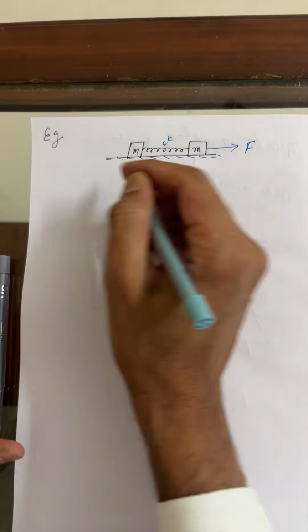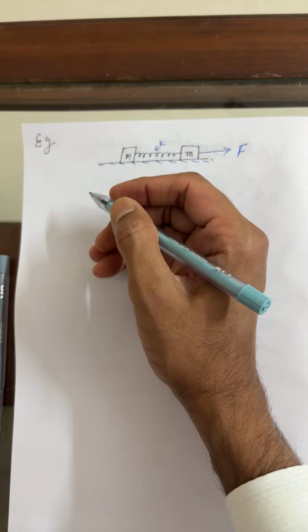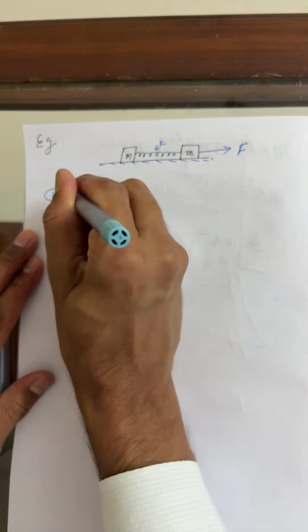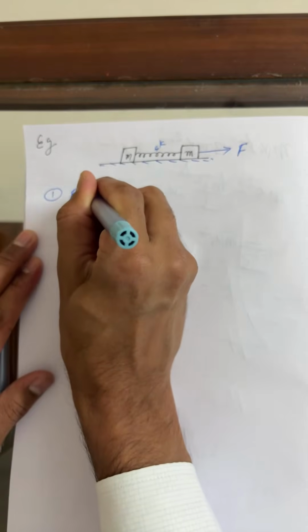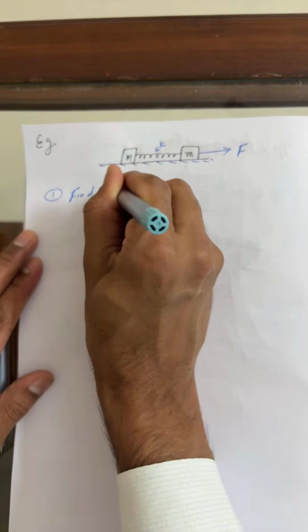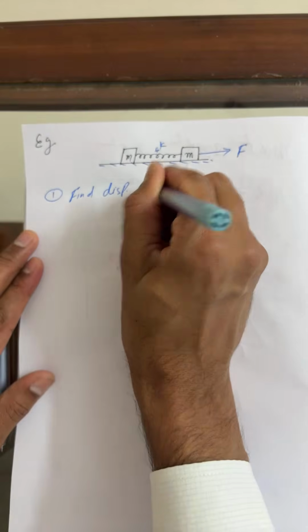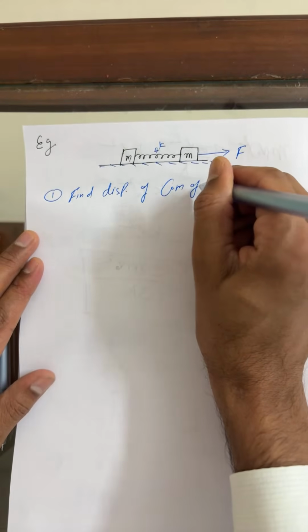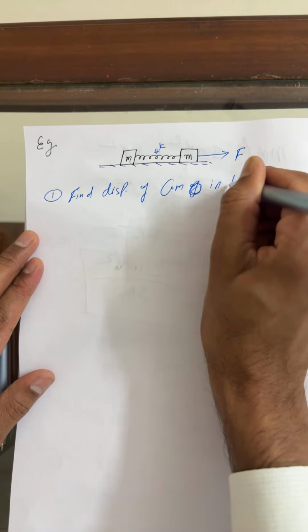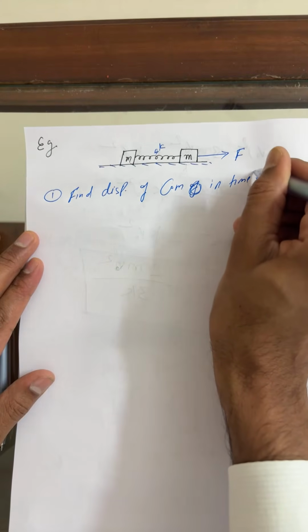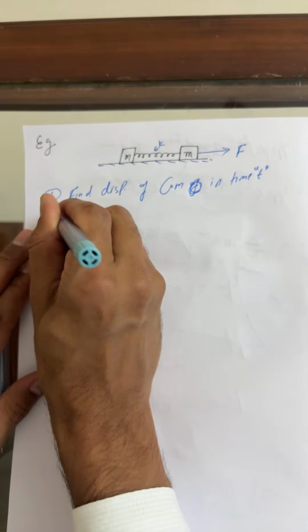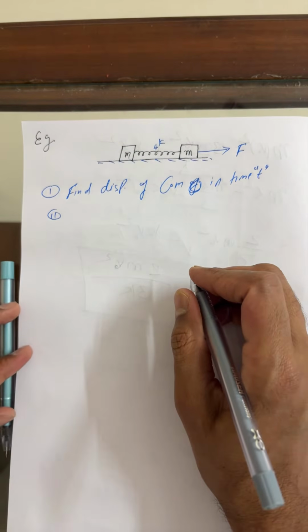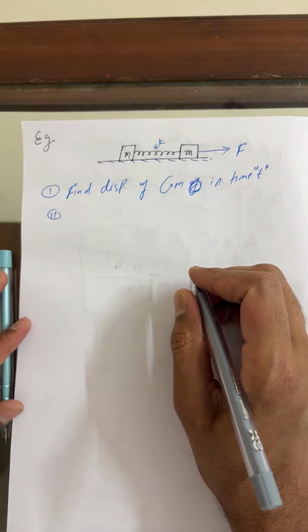Here we need to find the displacement of the center of mass in time t. Second, find the extension of the spring x naught at time t naught.